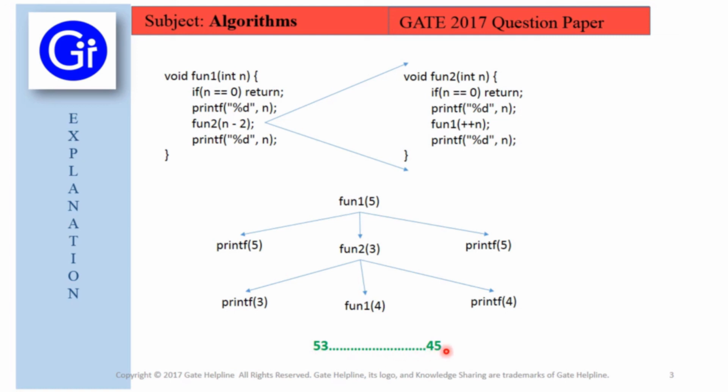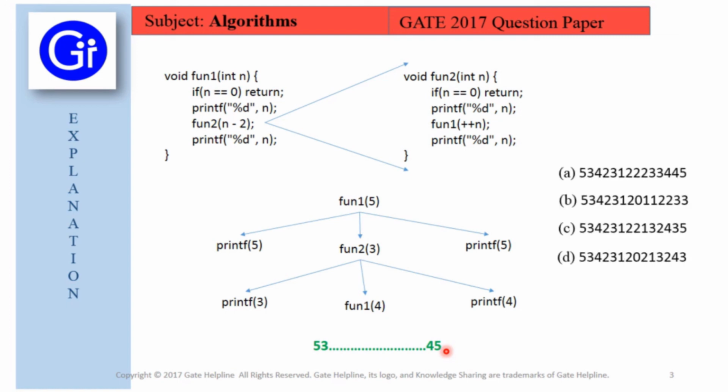So instead of solving the entire program, now we will see the options and try to eliminate them to get the correct answer. These are the options. Option A starts and ends with 5, option B does not end with 5, option C starts and ends with 5, but option D does not end with 5. So it's clear that option B and option D are wrong.